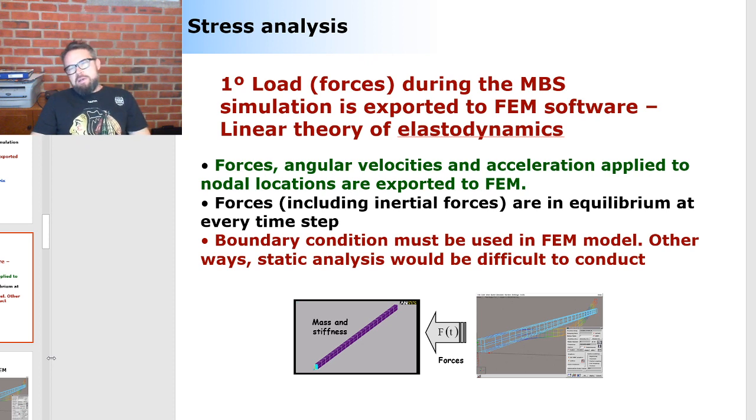Because the body at any given time in multi-body dynamics is in a dynamic equilibrium, you can take these equilibrium forces to the finite element code and solve equilibrium again there. That makes it possible to first get the deformation, and then, well, displacement is a better word for that.